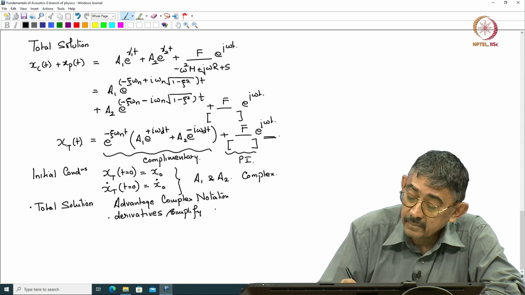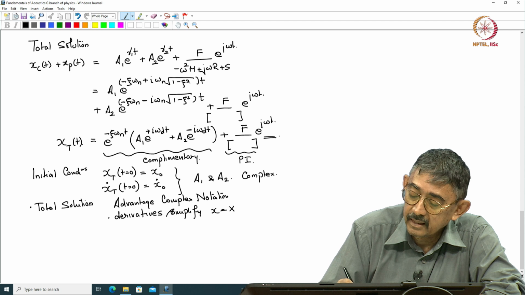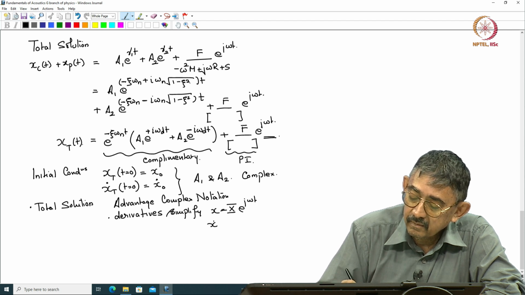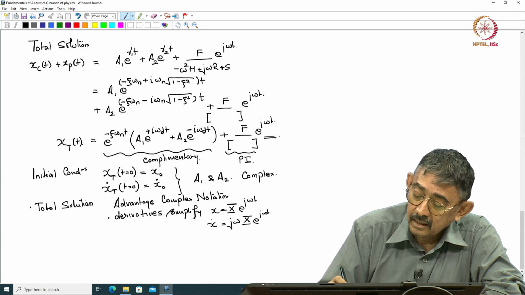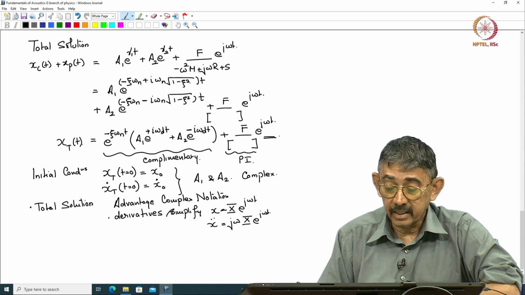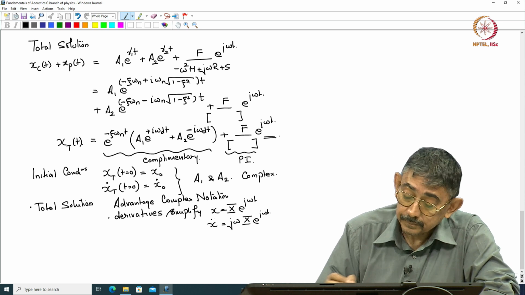I have something, let us say x is some capital X e to the power j omega t, then the derivative is just you bring j omega down, you have j omega X e to the power j omega t, and x double dot similarly j omega square. That is one advantage.